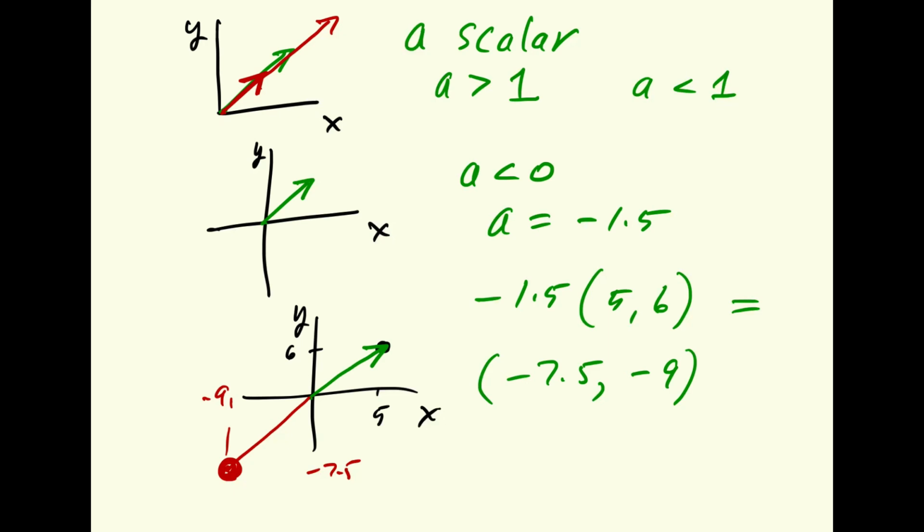And so multiplication by a negative scalar flips a vector because it multiplies its components by negative numbers.